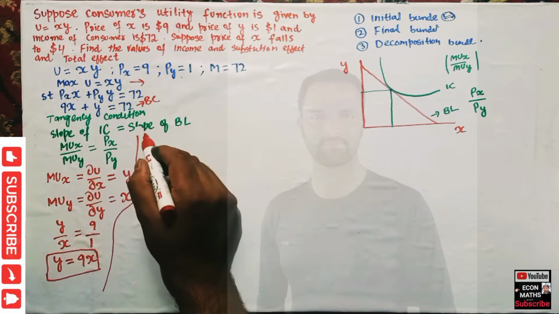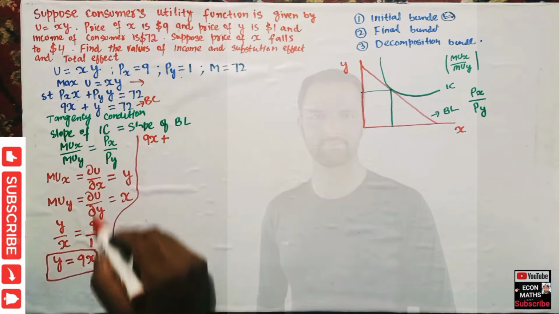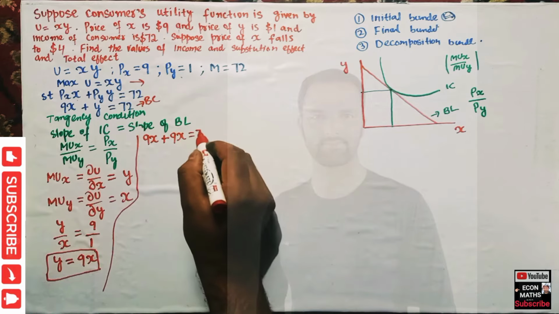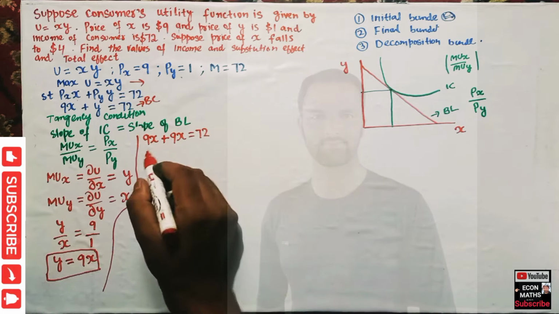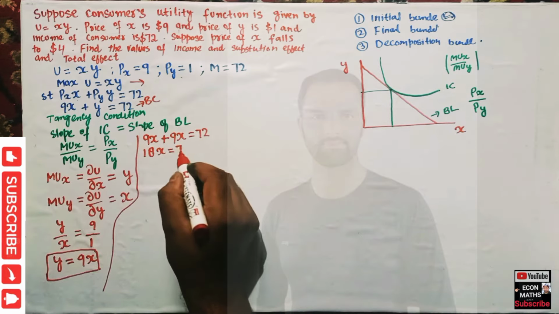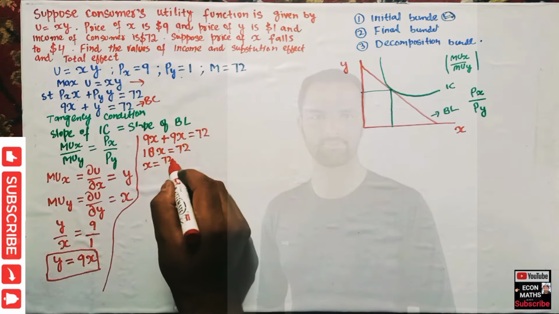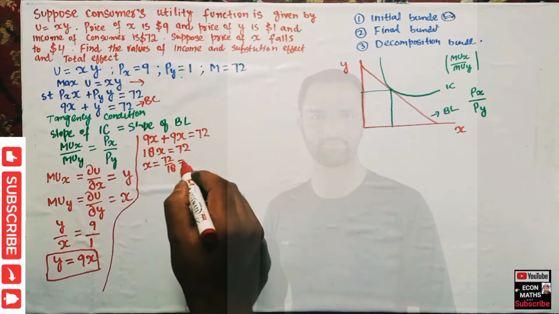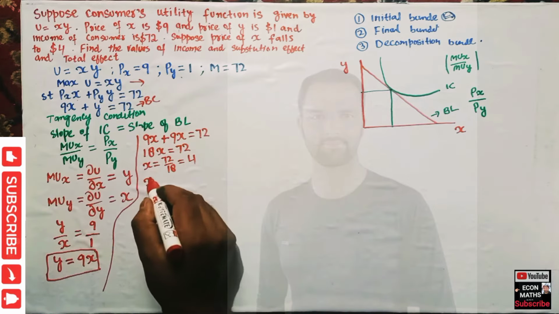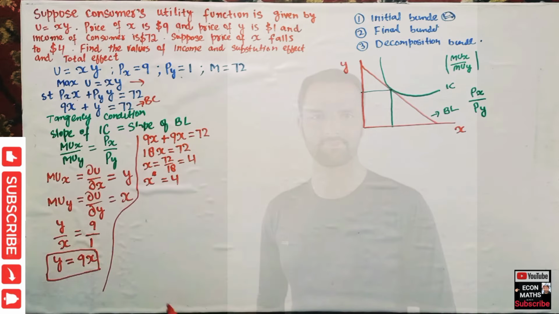We have 9x here, so I will write 9x plus the value of y, which is 9x, is equal to 72, or 18x is equal to 72, which implies x is equal to 72 upon 18, which is equal to 4. So the optimal consumption of good x would be 4 initially.